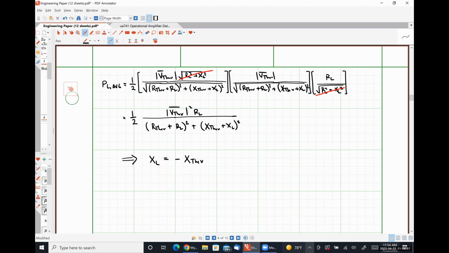But that's only part of it, right? Because we still have to then maximize what's happening with the resistances.